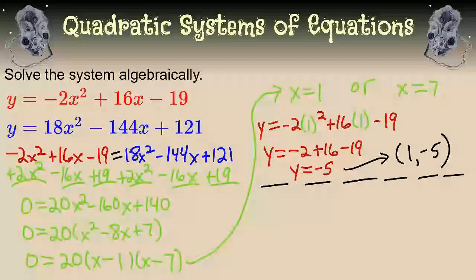And now I'm going to use the blue equation for x equals 7. y is equal to 18, and I don't know why, I just decided to. I don't have to. I could use the red one, or the blue one for both. It doesn't really make any difference. 7 squared minus 144 times 7 plus 121.